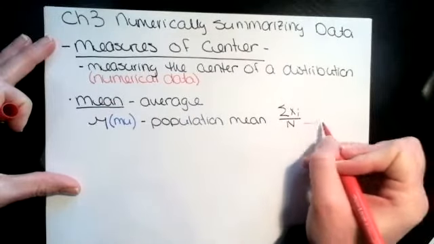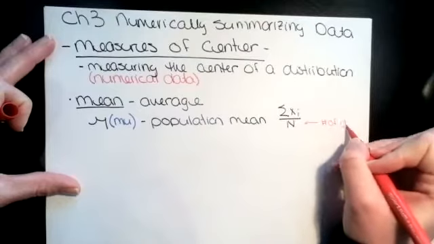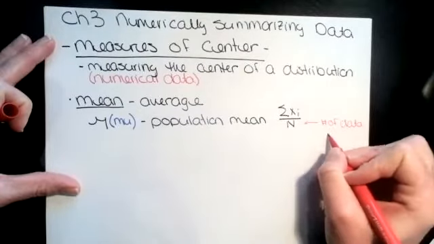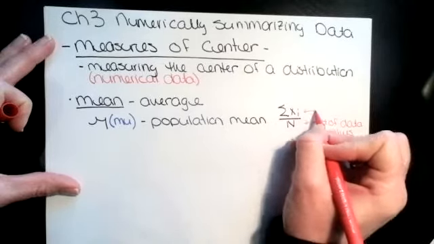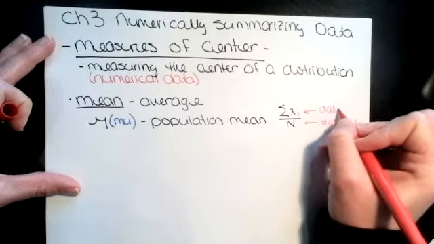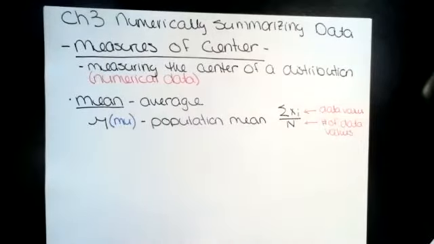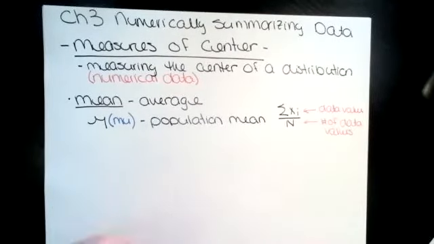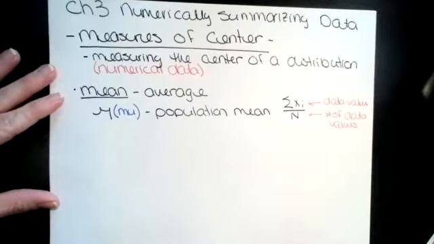Let me just write that here. We have this little key code here, and this X_i are my actual data values. So N is just how many of those data values I have. You're going to see I use capital N, and in a second I'm going to use lowercase n, and I'll talk to you about the difference between those.